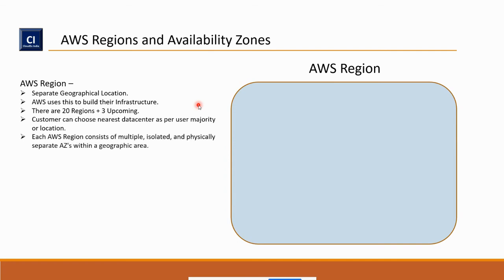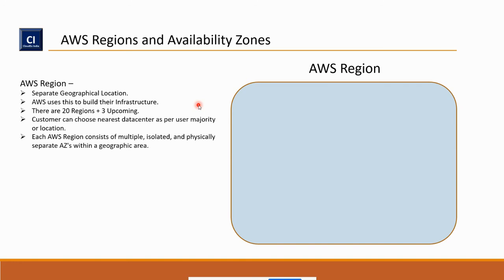Each AWS region consists of multiple isolated, physically separate AZs. AZ means availability zone, within a geographical area. Take an example: if you select the Mumbai region, under Mumbai there are three physical availability zones. An availability zone is a data center, and all three are isolated.